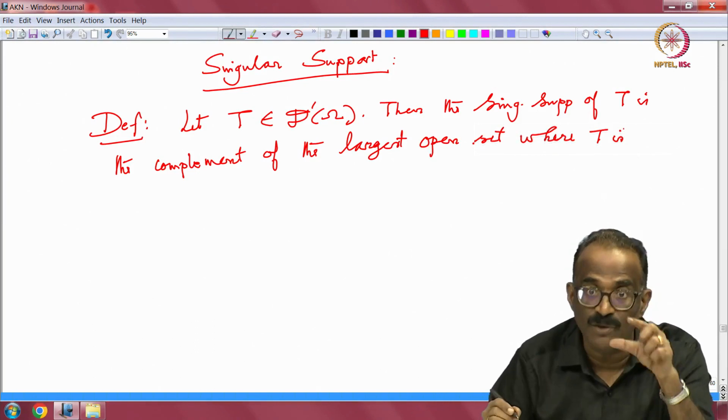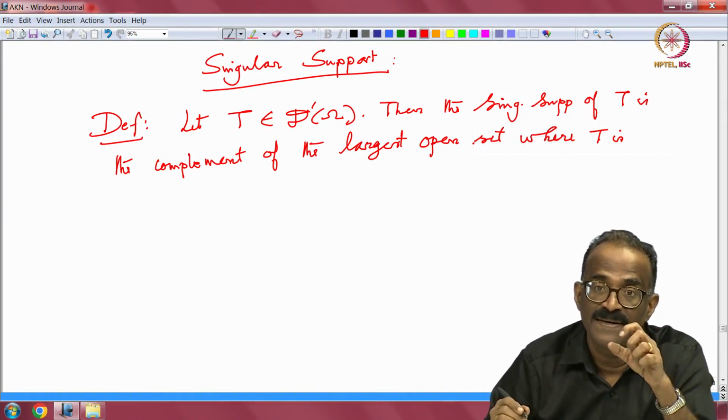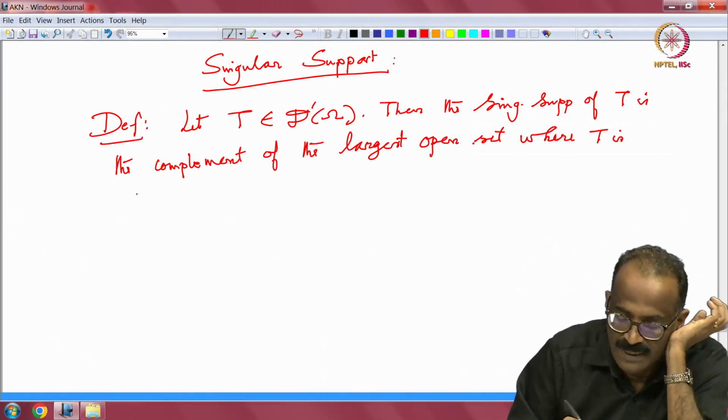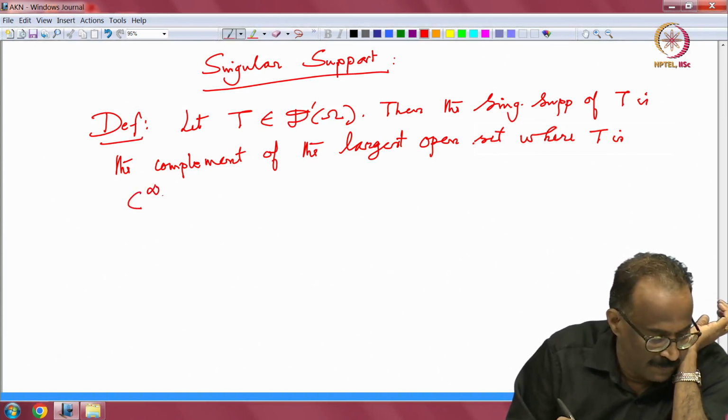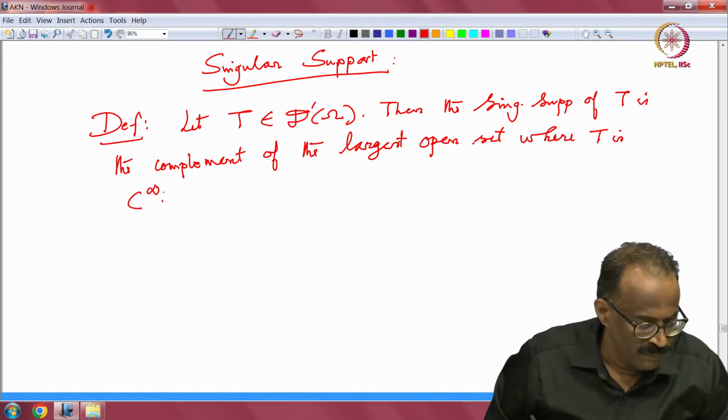That means on that open set your T is given by a C infinity function.